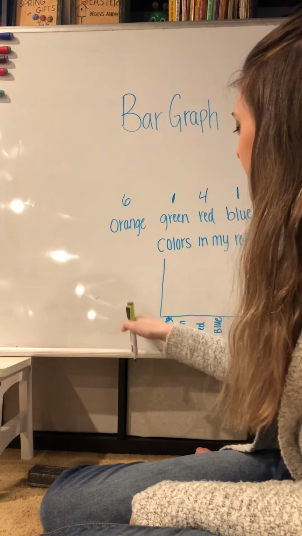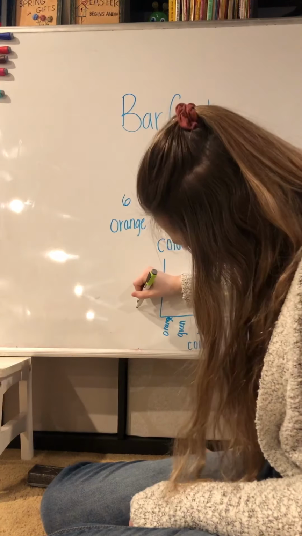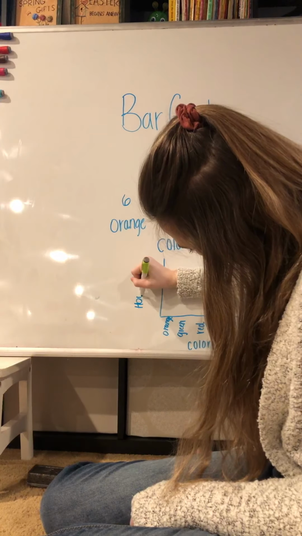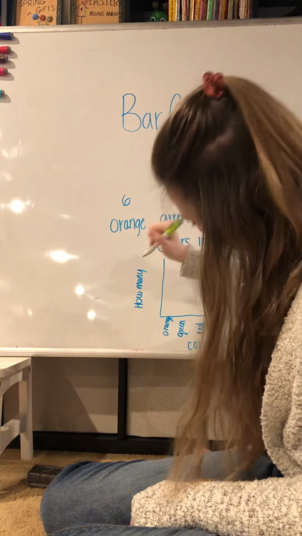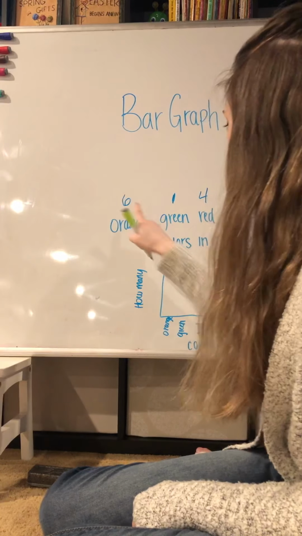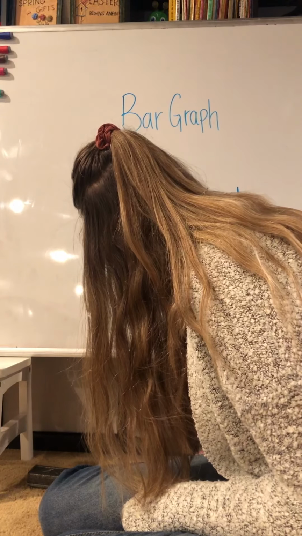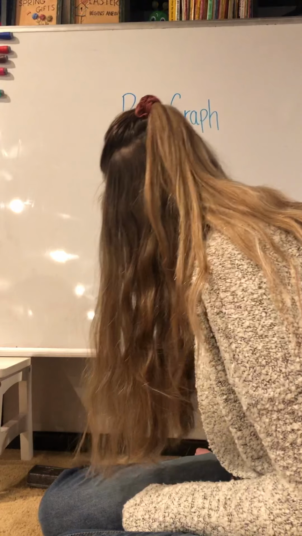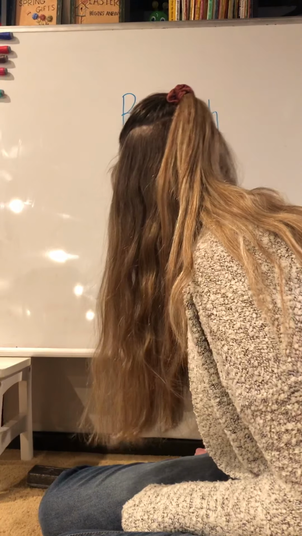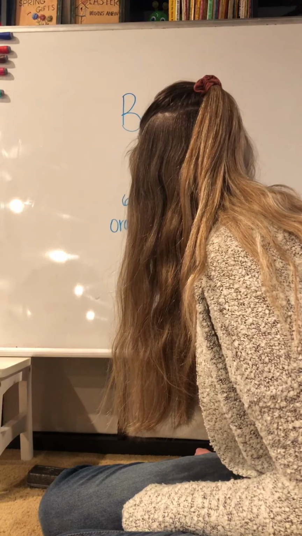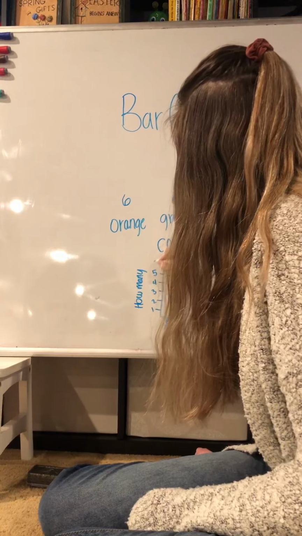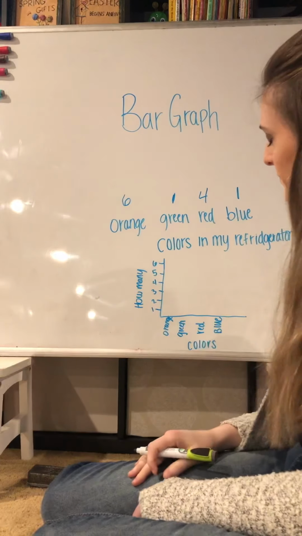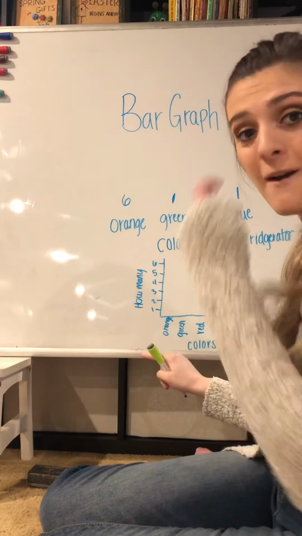And then this is how many. And I'm going to go up to the number 6 for it. So we have 1, 2, 3, 4, 5, 6. And I'm going to draw in my bar graph.